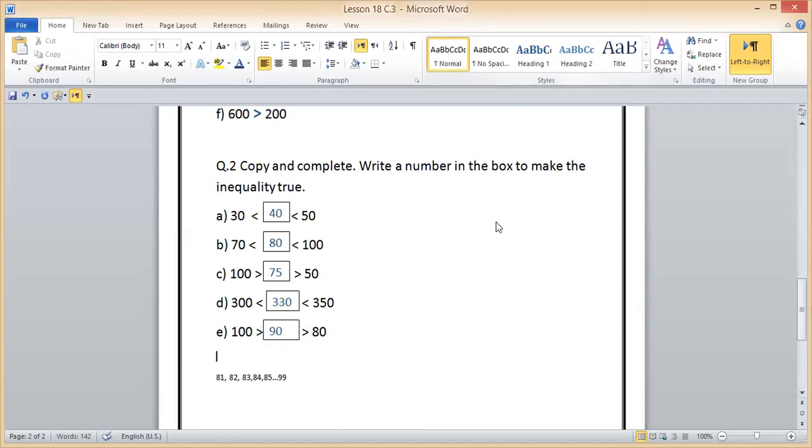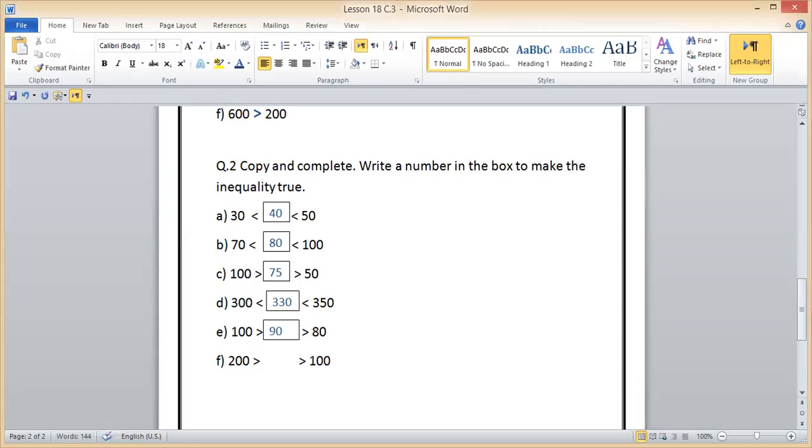Okay, guys? Okay, sir. Very good. Now I'm going to write F. After E, we are going to write F. And F is a number which is greater than 100 but less than 200.